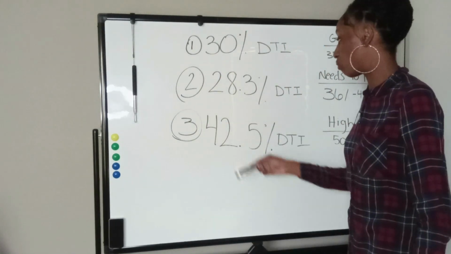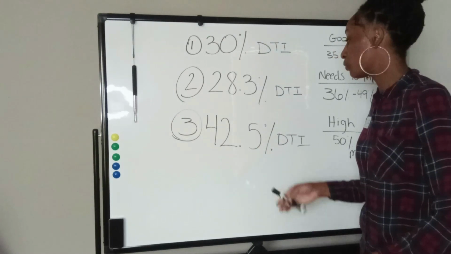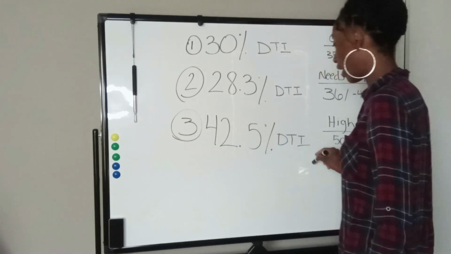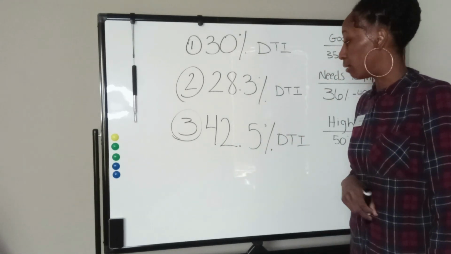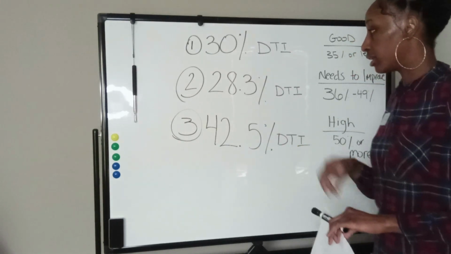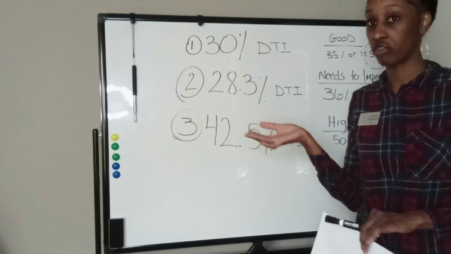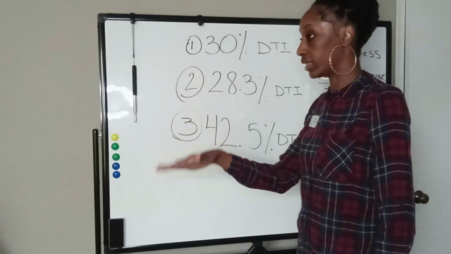And then this number will end up changing. So there's different little things that you can do. When you see your number is too high, work on paying down some of your debt. Credit cards are a big one that you can work on paying off immediately. Let's say you got that furniture bill, you can work on paying that off immediately.